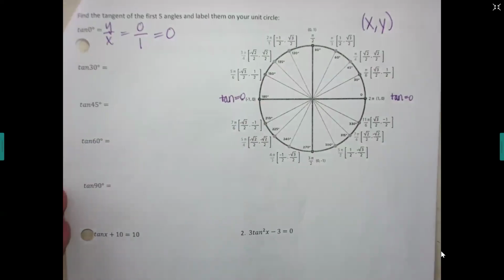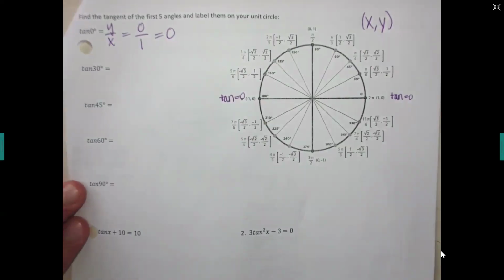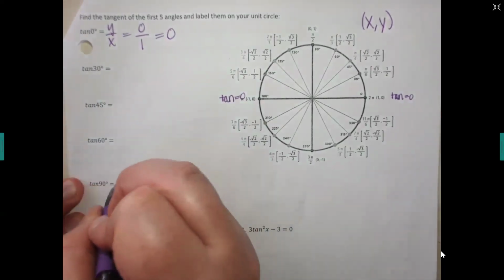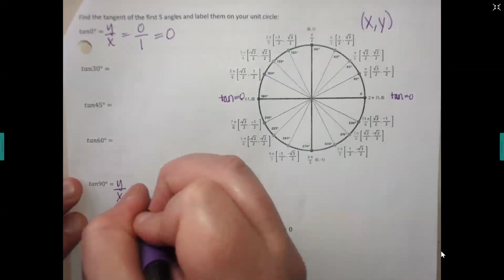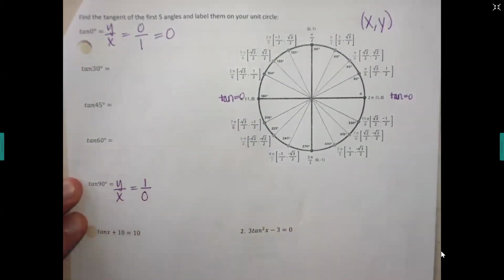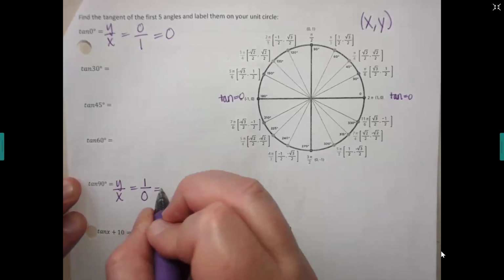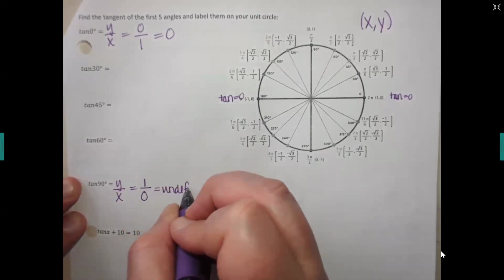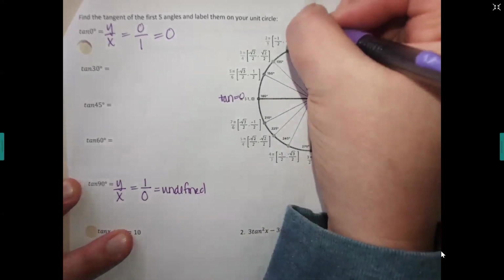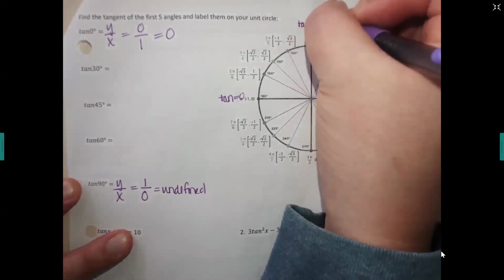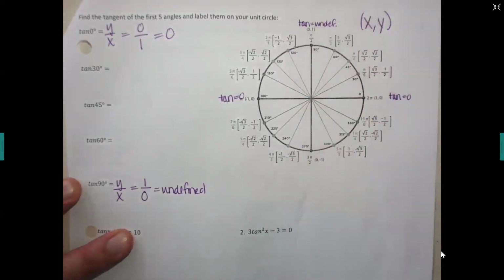The next one that we're going to do is 90 degrees. At 90 degrees, what will my fraction be for y over x? 1 over 0. And for 1 over 0, what does that give? Undefined. Then at the top of the circle, put tan at 90 degrees is undefined.